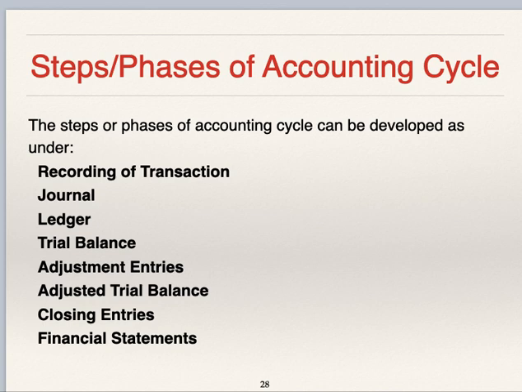There are various steps and phases of the accounting cycle. We'll see them one by one. Recording of transactions is the first step. As soon as a transaction takes place, it is recorded in subsidiary books.